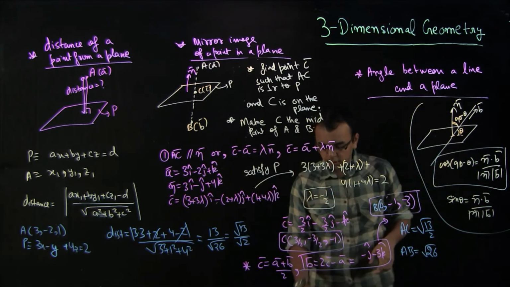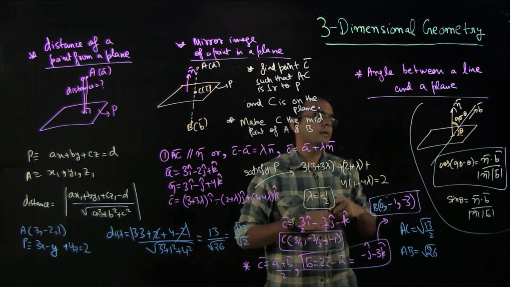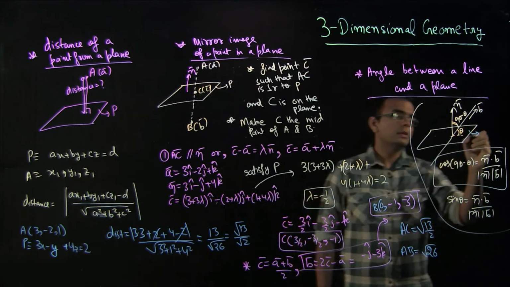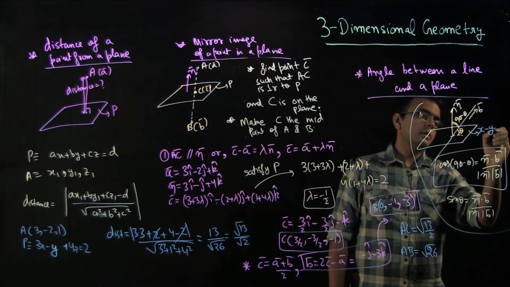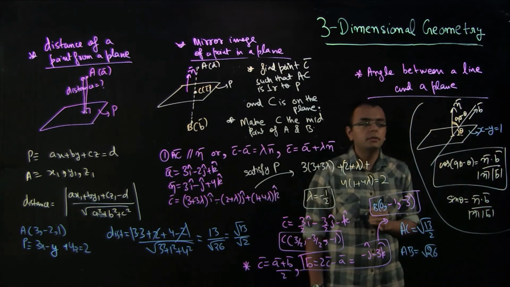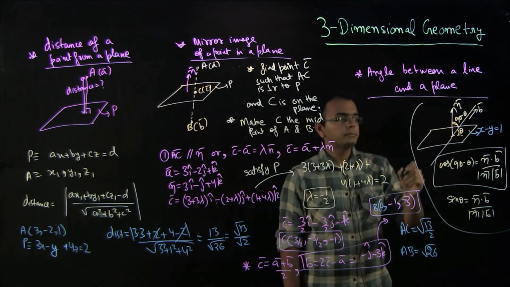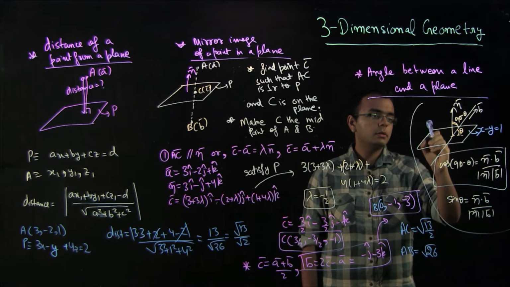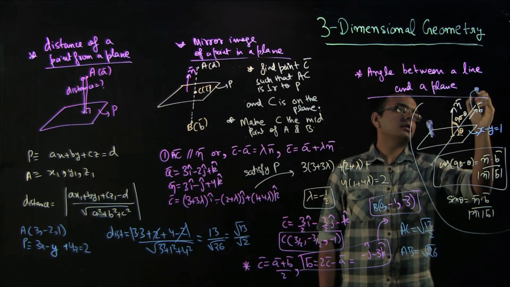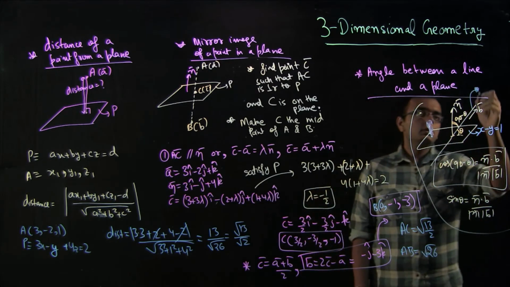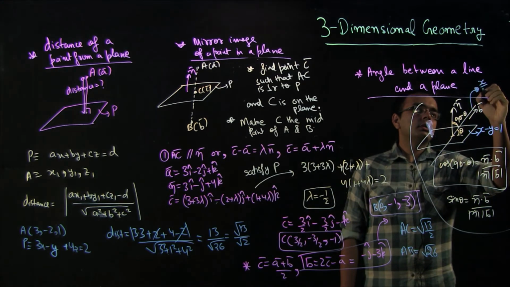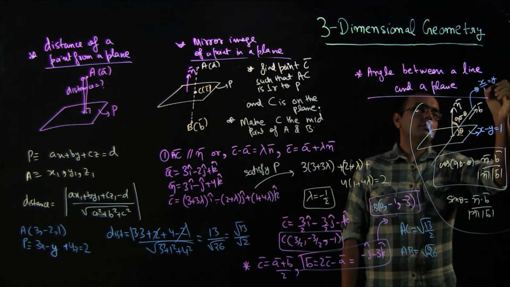I can give you a quick example. Let us say that the plane equation is x minus y is equal to 1, and the equation of the line is x by 1 is equal to y by 1, comma z is equal to 0.